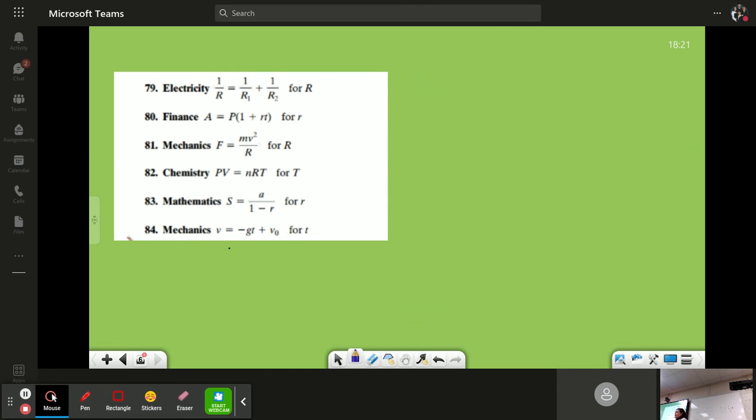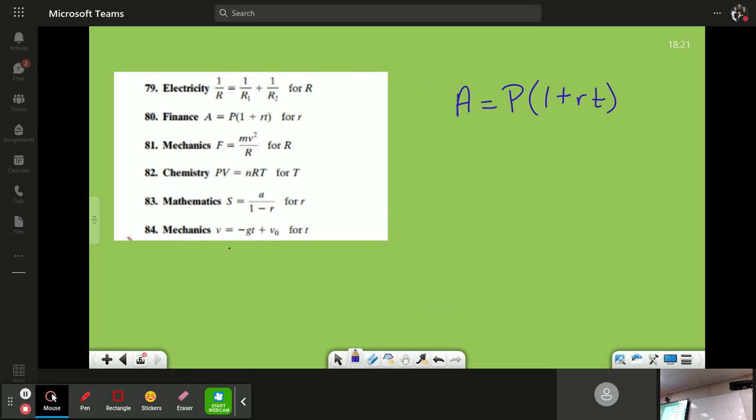If they're multiplying, I'm dividing. If they're adding, I'm subtracting, right? We talk about finance. The amount is equal to the principal times 1 plus rate times time. I need to find out what rate is.